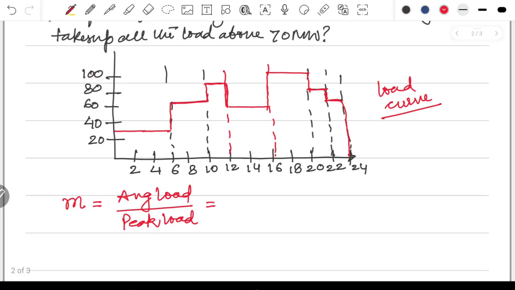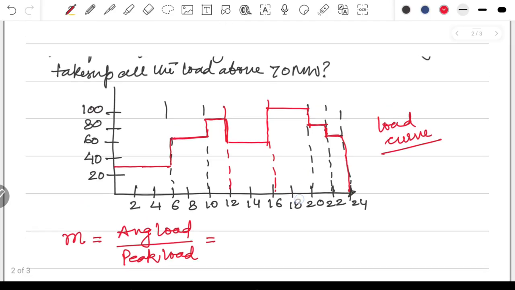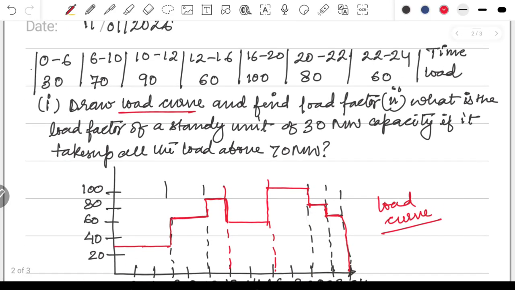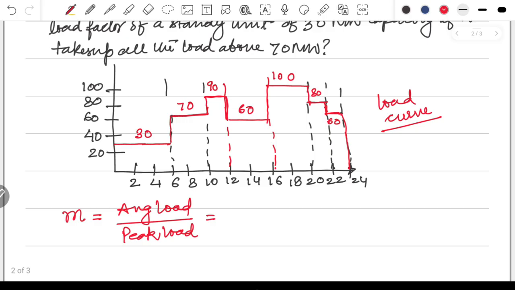So if you look here, this is 30, then 70, then 90, then 60, then 100, then 80, then 60.